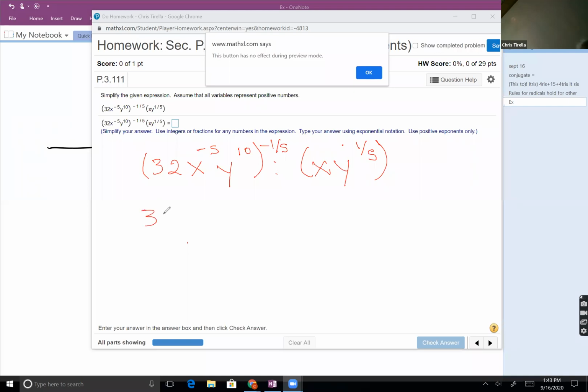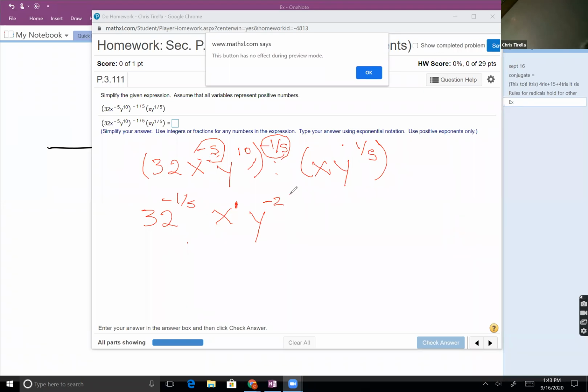So that would give me 32 to the negative 1/5. For x, when I raise a power to a power, I multiply those exponents. Negative 5 times negative 1/5 gives me positive 1. For y, 10 times negative 1/5 would give me negative 2.